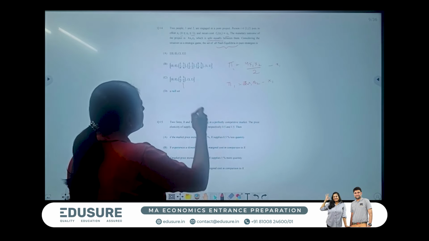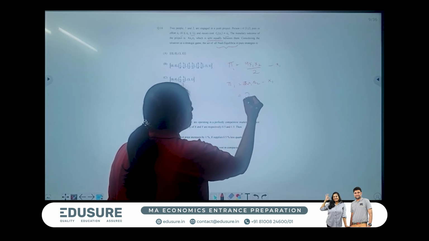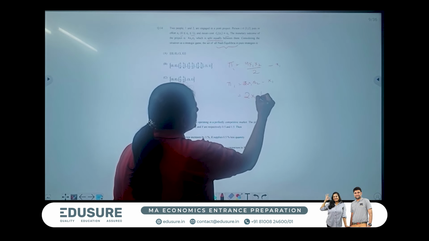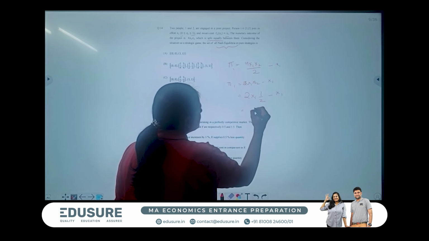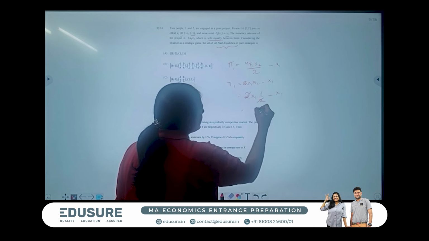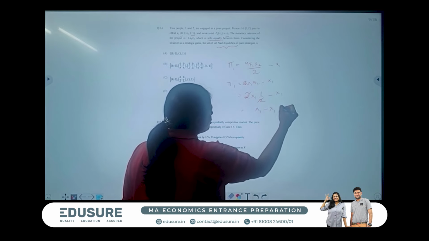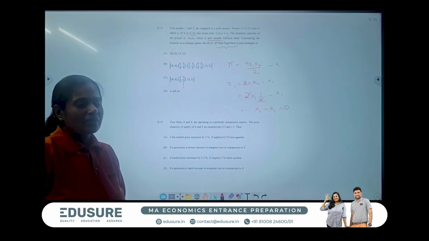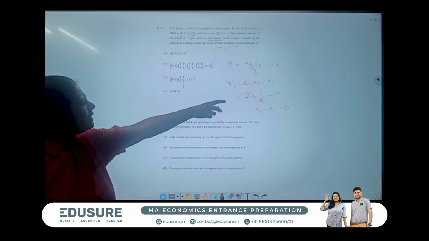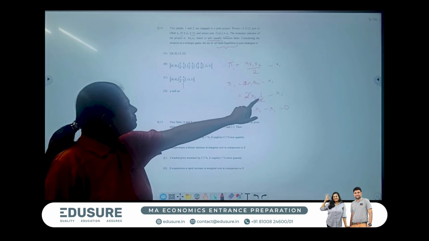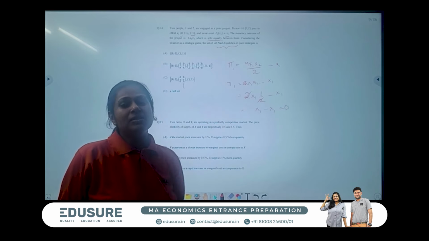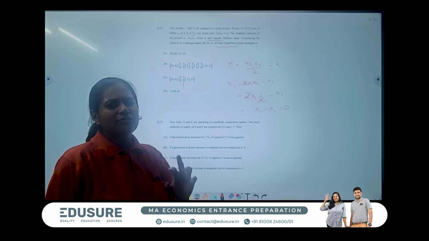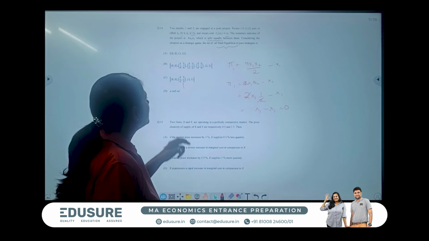Let's take x2 as given as half. 2x1 and x2 is half minus x1. So the 2 gets cancelled, x1 minus x1, which is always 0. Whatever be the choice of person 1, if x2 is half, person 1 always has a 0 net profit. So he is indifferent between producing and not producing.